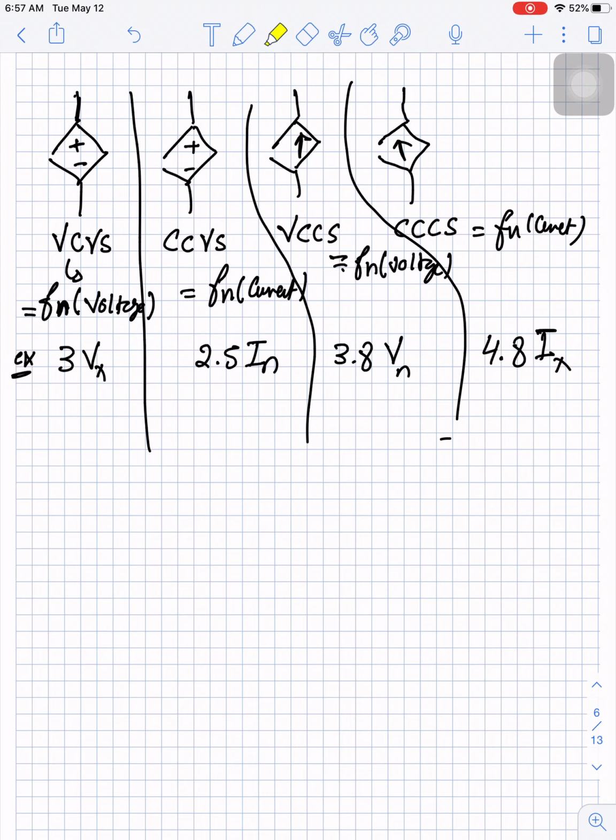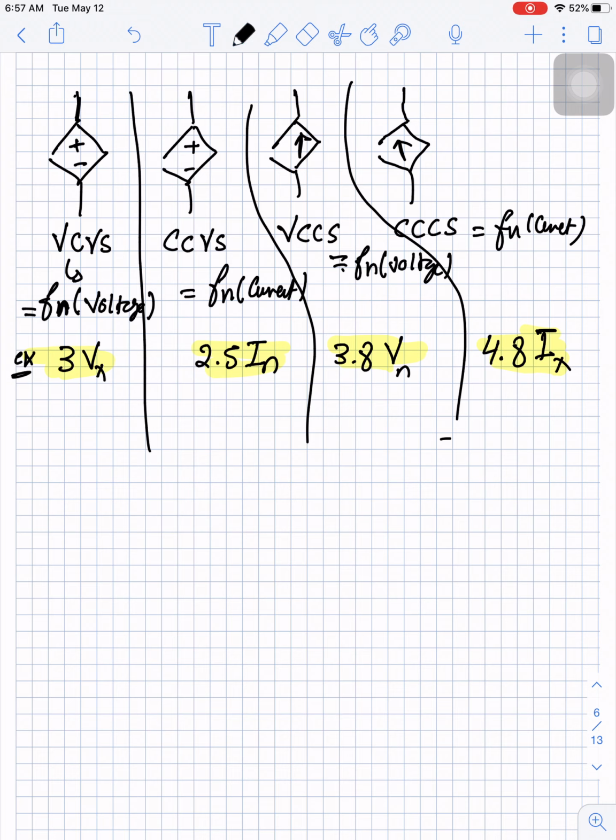So these are the types of dependent or controlled sources that you can see in any circuit. So this is what you will be given, a function, okay? And if you know the variable in this function, you know the value. So what will be the unknown if you see this dependent element in your circuit?